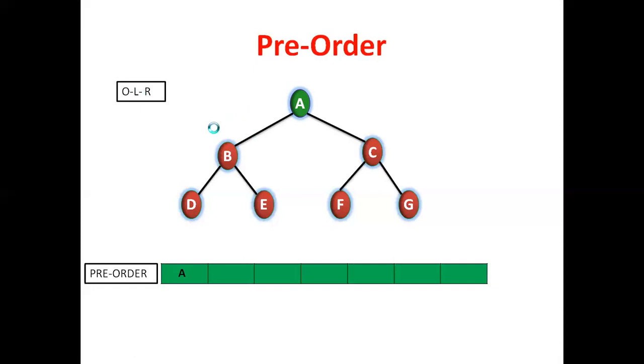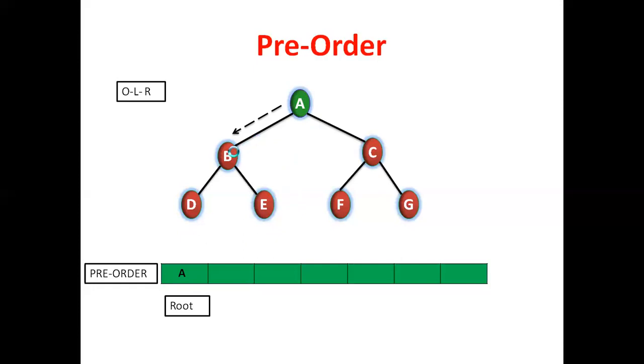B. Is B a subtree? Yes, it is a subtree, meaning it has its own root node. So A is completed, and I want to travel from A to B. The root is completed, and I want to travel to the left side of A. What is the left side of A? That is also a subtree.